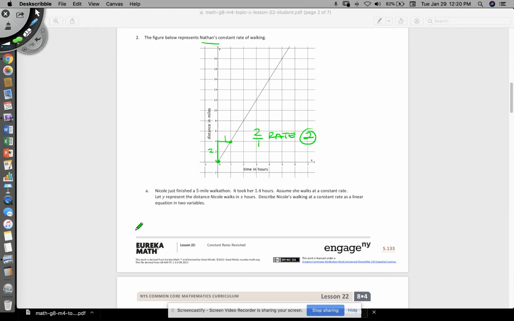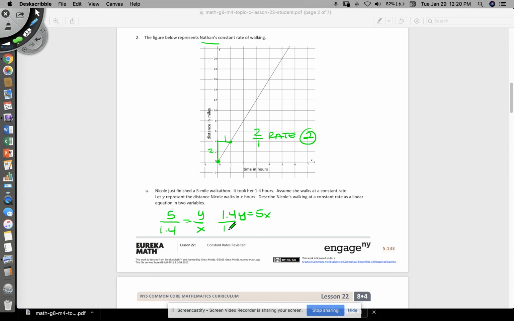Here's Nicole. Nicole just finished a 5-mile walkathon. It took her 1.4 hours. Assume she walks at that constant rate. Let Y represent the distance Nicole walks in X hours. So let's go ahead and set up our equation here. So she goes 5 miles in 1.4 hours, and we're going to set that equal to Y over X. If I cross multiply, I get 1.4Y equals 5X.